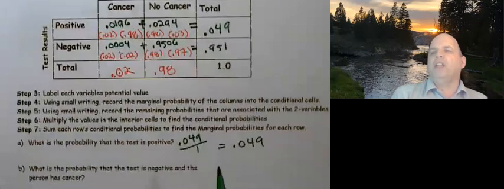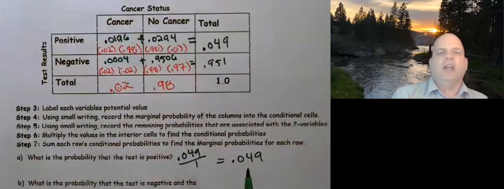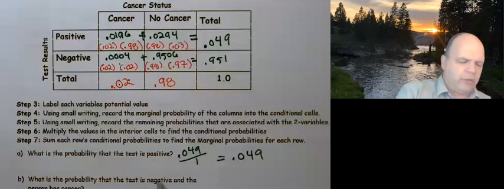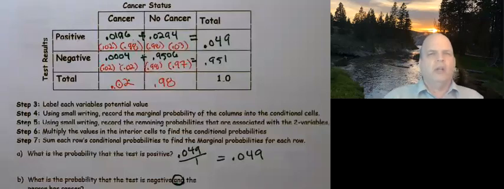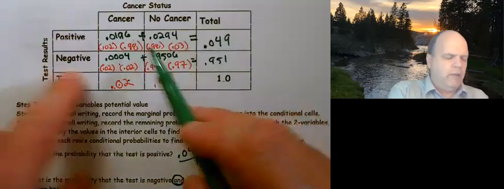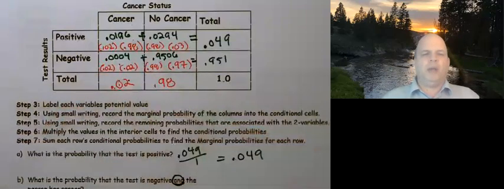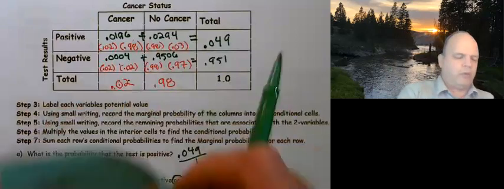What is the probability that the test is negative and the person has cancer? So I need to look at negative and has cancer. I'm just going to do this on a separate sheet of paper so you can see it, because I don't want to take the table off the screen that we worked so hard to make.